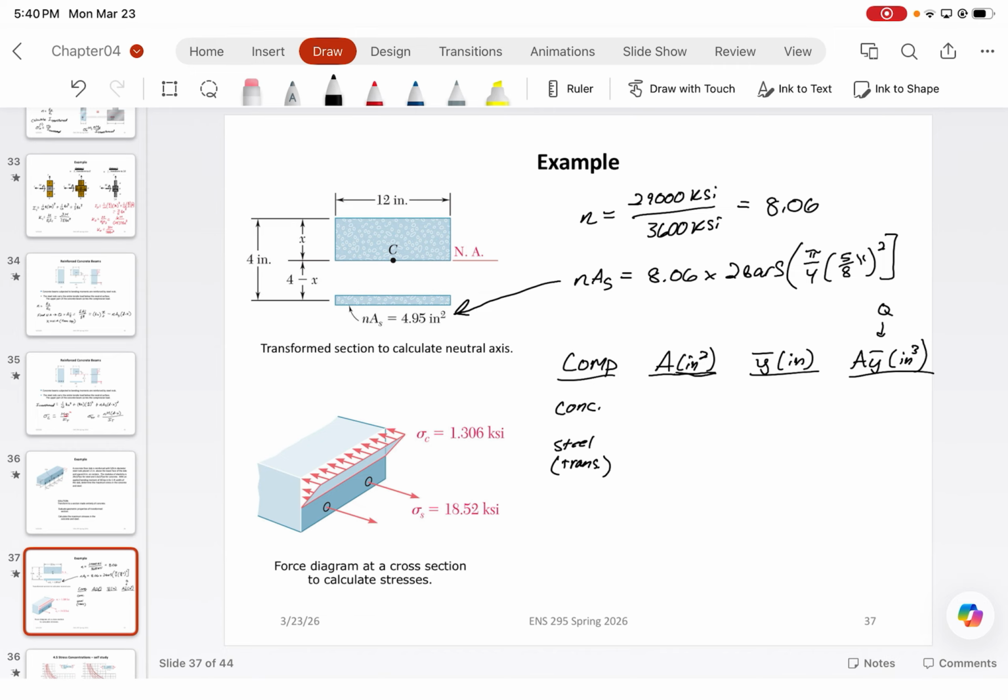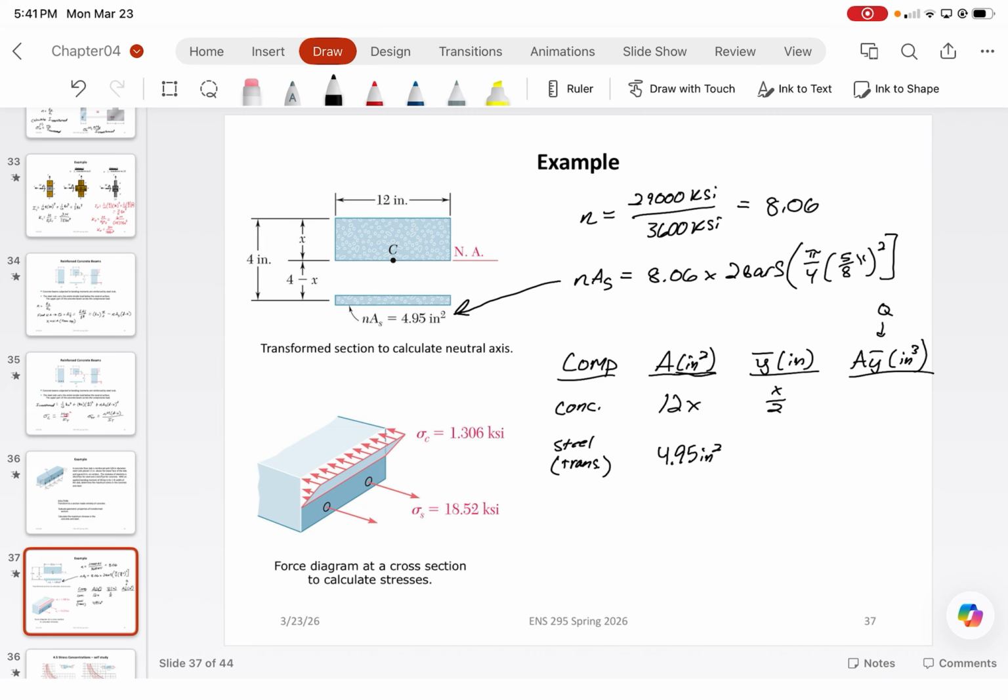All right? Now, the area of the concrete is just going to be 12 times x, where x is the location of the neutral axis from the top of the concrete beam. For the steel, on the other hand, it's just going to equal 4.95, because that's what we calculated. That's the transformed area of steel. From here, we calculate the y bar for each of the terms. So the y bar for the concrete is simply going to be x divided by 2.